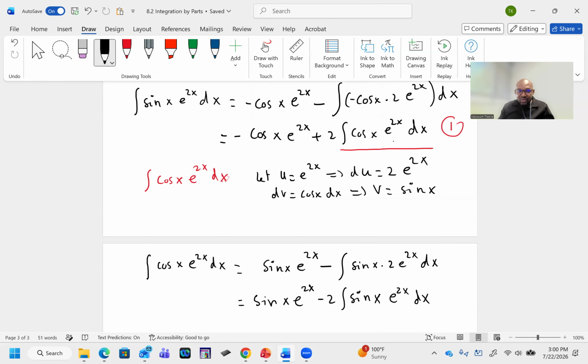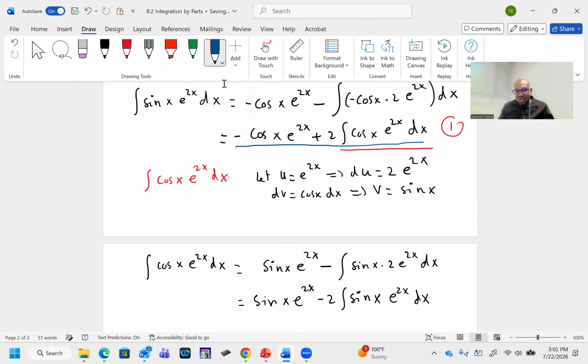Because we already know the integral of sine x e to the power of 2x is equal to this one, right? Let me make it a blue color so you can see. Sine x e to the power of 2x will give me this one.